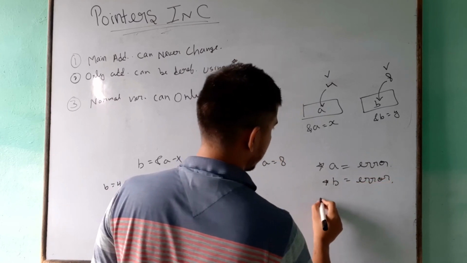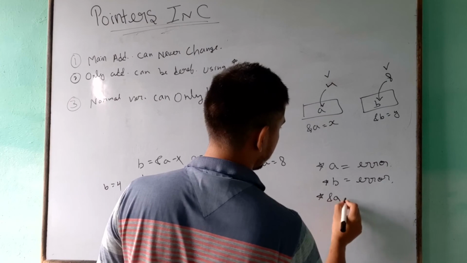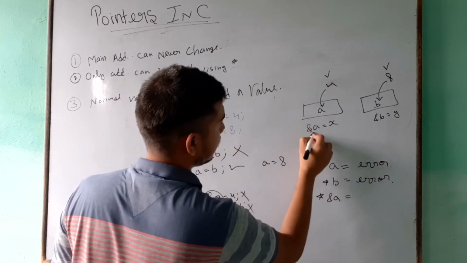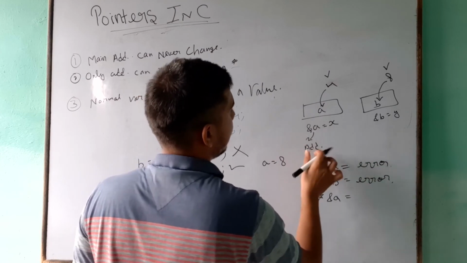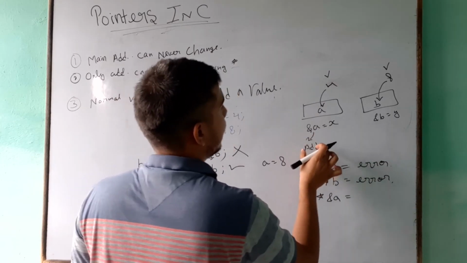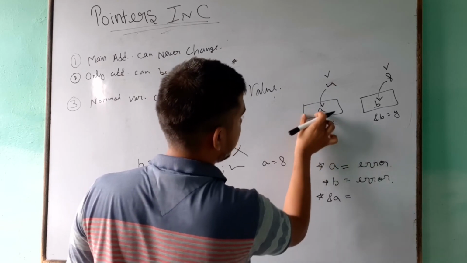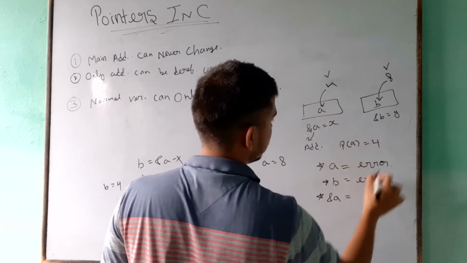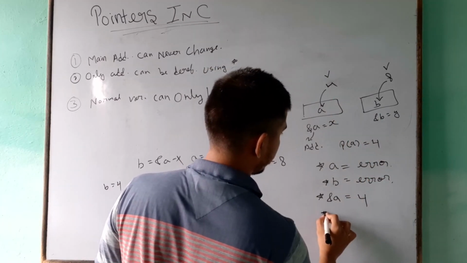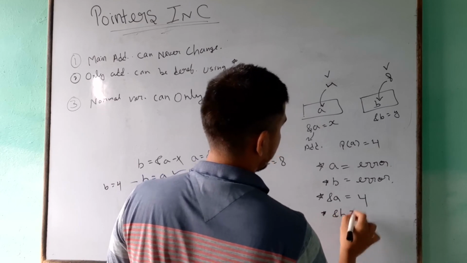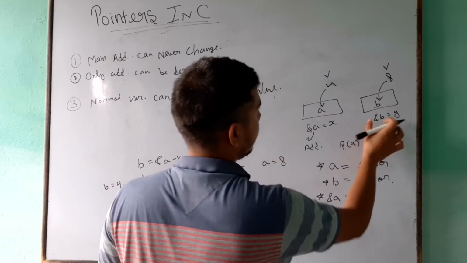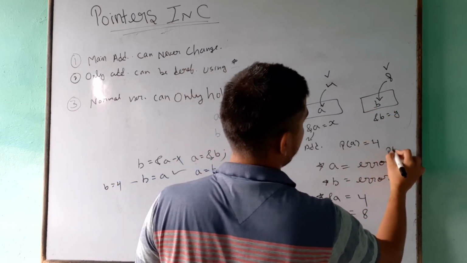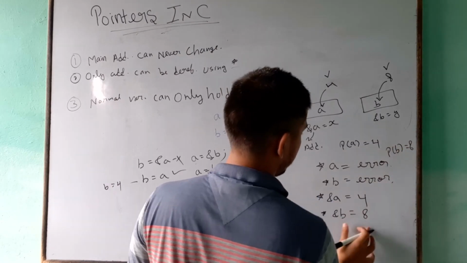If I write asterisk of address of a, now address of a is x. It is an address, and what is present at address a? It is the same as printf of a, which equals 4, so the output will be 4. Similarly for asterisk of address of b: what is present at the address of b? It is b, so if I write printf of b, it will give me 8.